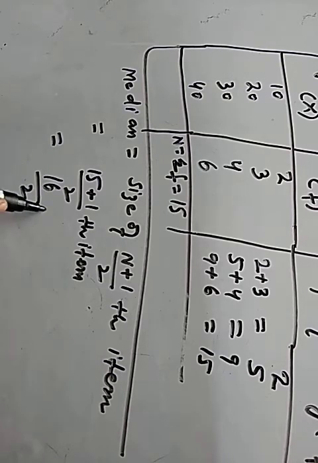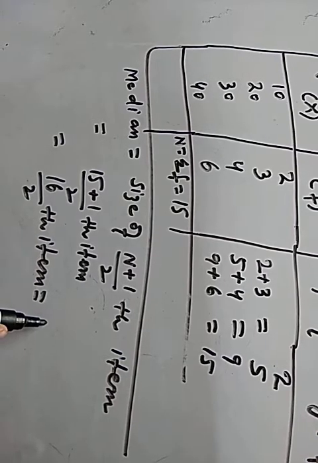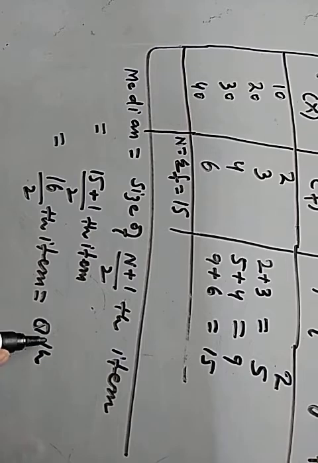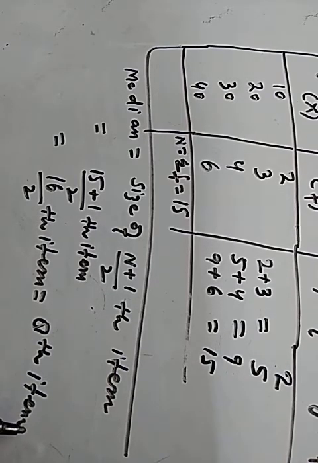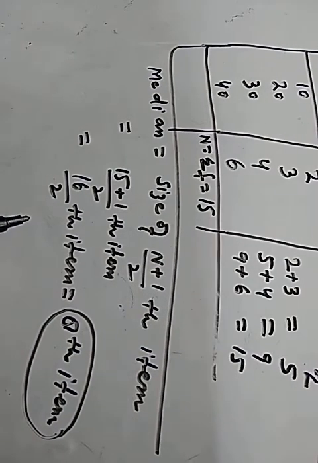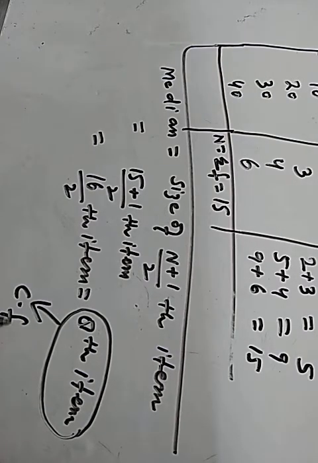Divided by 2th item, it will be equal to 8th item. And this value we have to find out in the values of the cumulative frequency column, CF, that is cumulative frequency.